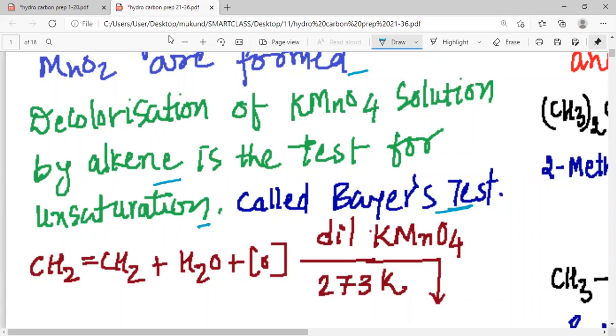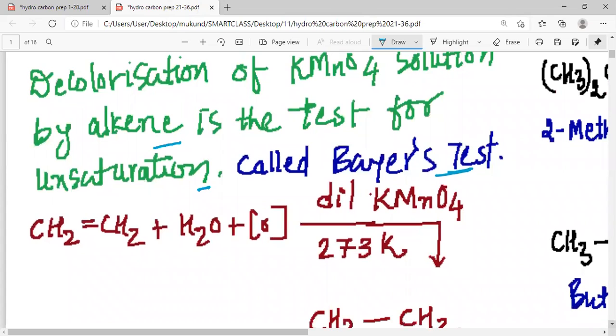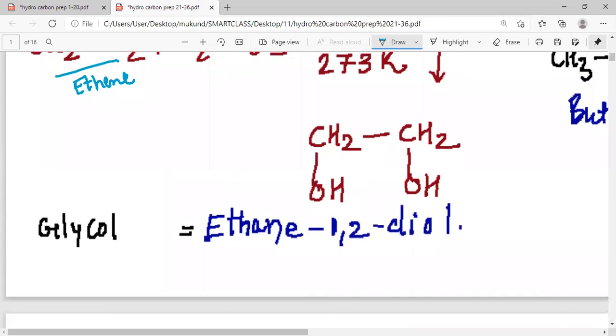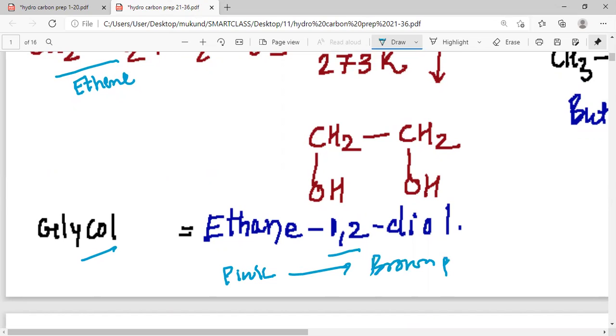So here you can see that if we have an alkene like ethene, when it undergoes the reaction with dilute KMnO4, which is the Bayer's reagent, it forms ethane 1,2-diol, which is also known as glycol, and the pink color disappears and we get brown precipitates of MnO2.